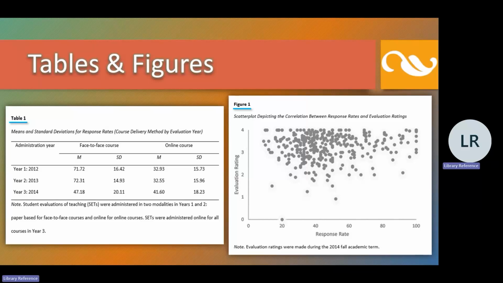Apart from the label, which as you can see on the screen is bold and aligned on the left of the screen, tables and figures also carry titles. So each table and each figure should have a title at the top saying what is depicted in the table or in the figure.